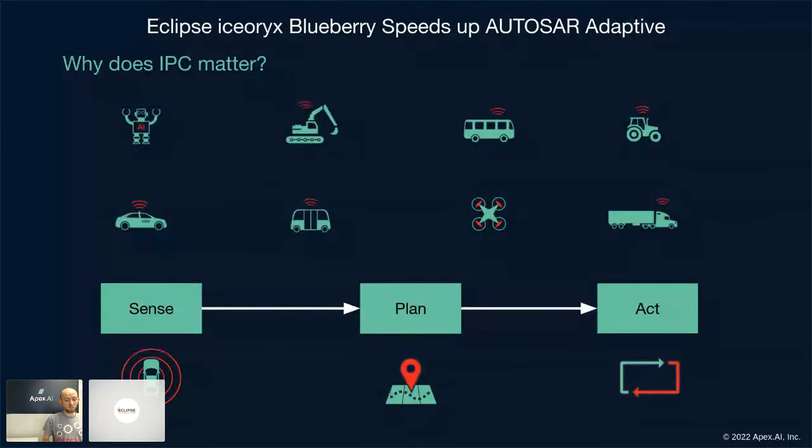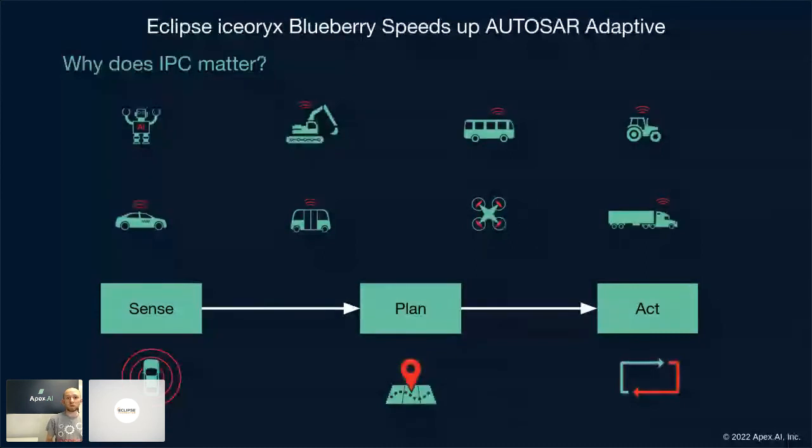The second improvement is freedom from interference. So if, for example, the Sense application crashes, the Plan and the Act applications can still run without being affected.